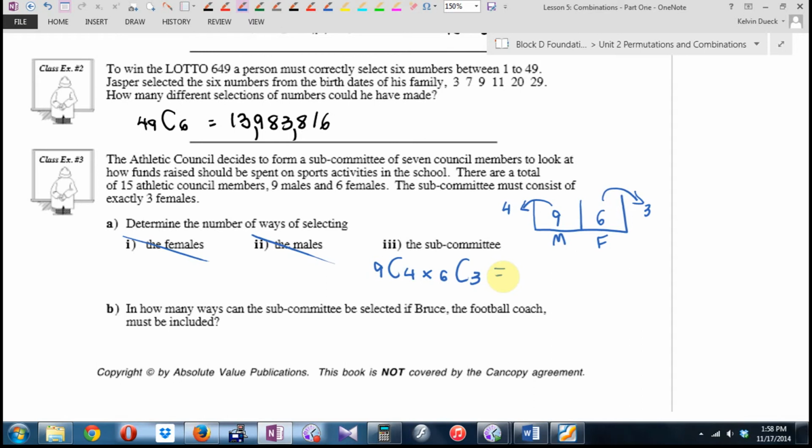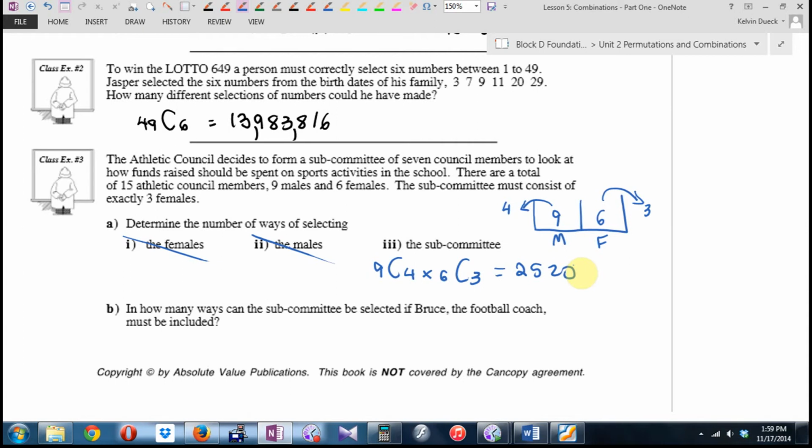You get 2,520? 2520? Check and see if you get that. You need to know how your calculator works, right? Okay.